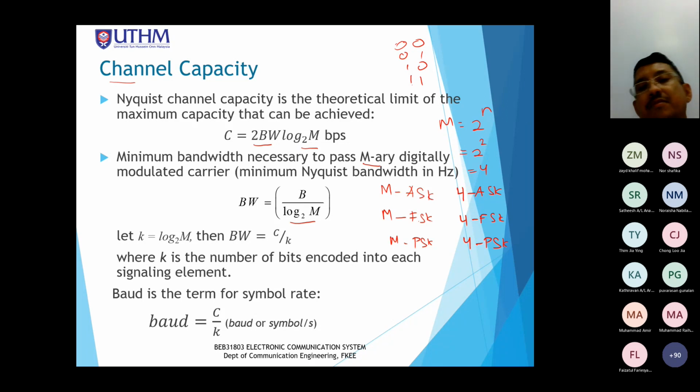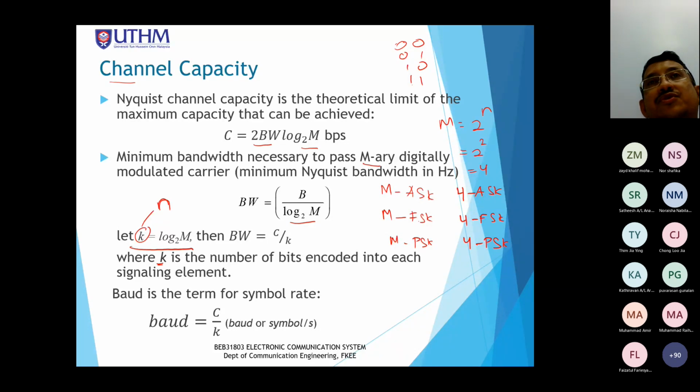So M is 2 power of N. From here, K is the number of bits. Don't be confused. In this slide, K is equivalent to, the same as, N number of bits.